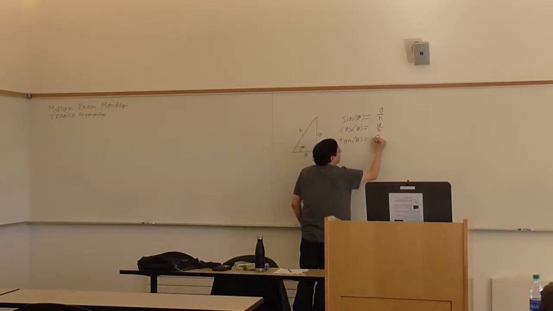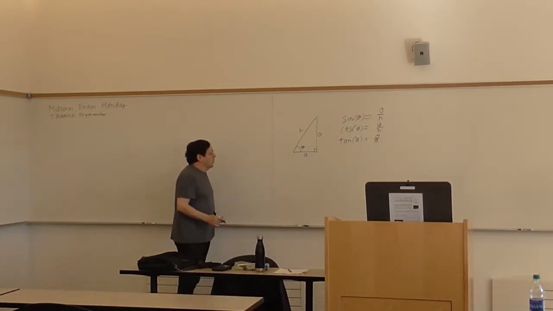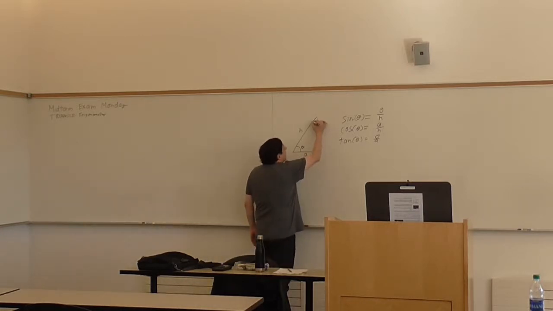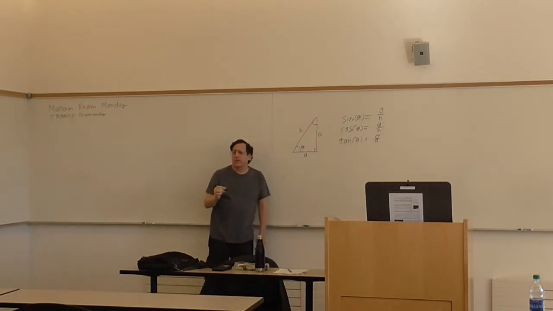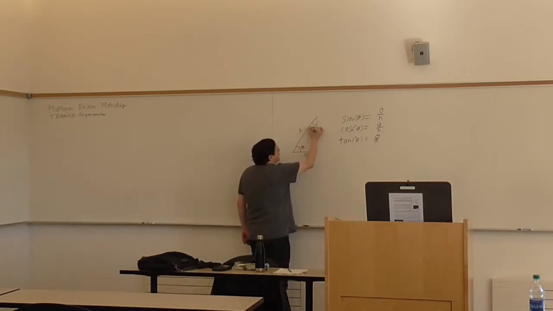That's the opposite over the adjacent. Well, this being a right triangle, this angle here is a complementary angle. So we know that this angle is 90 degrees minus theta.